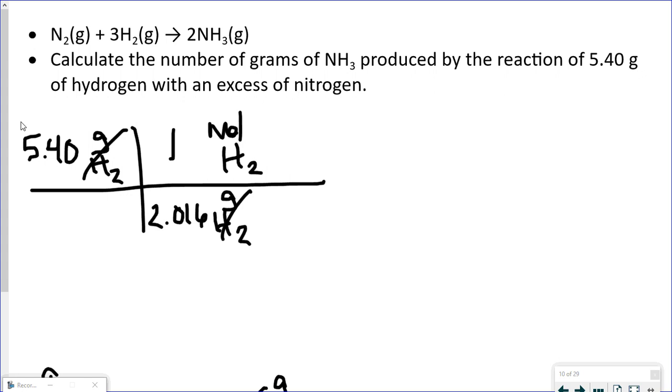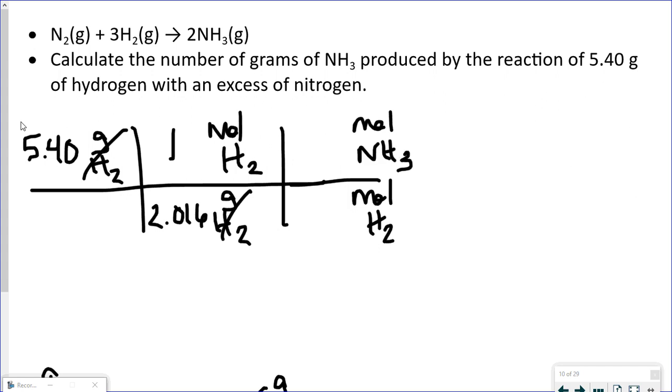Well, we're looking for grams of ammonia, so we actually don't need anything dealing with hydrogen anymore. So we need to get rid of moles of hydrogen, so that will move to the bottom. And since we're looking for grams of ammonia, we first have to know moles of ammonia. So this is that mole to mole conversion that we learned yesterday. According to our balanced equation, that's where we get our mole ratio from.